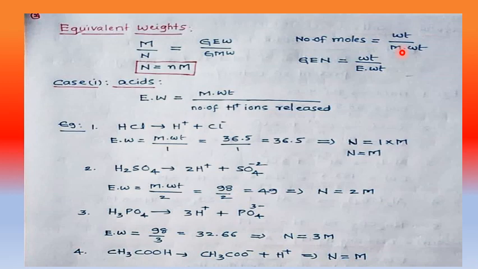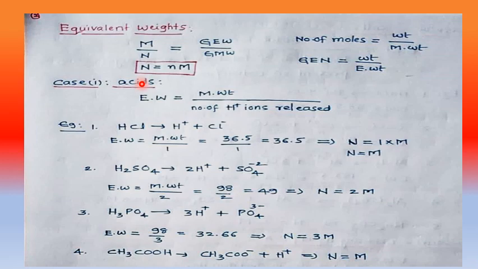Dear students, first, case one: acids. This is a very important relation. Normality equals n into M. Capital N is normality, n is the valency number, and capital M represents molarity. So for acids, how do we calculate equivalent weight?